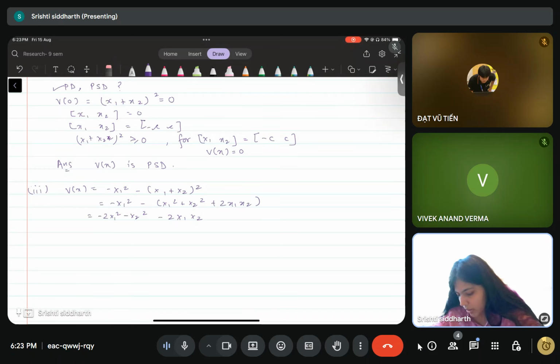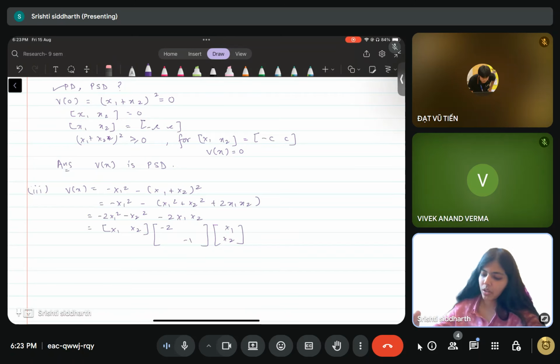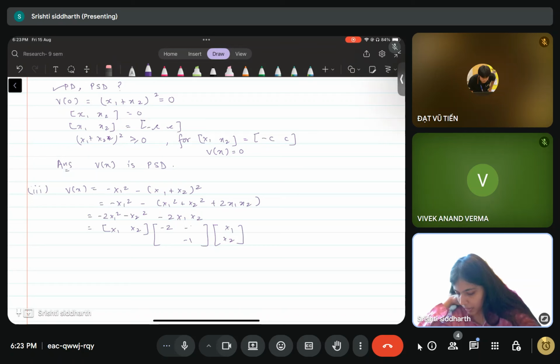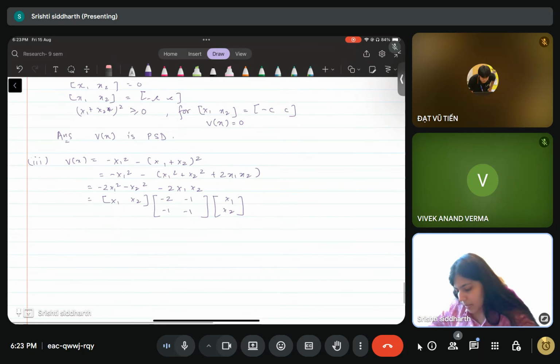Okay, so we could write this in terms of a matrix. So x1, x2, and it's minus 2 and minus 1 just by inspection, and this would be minus 1 and minus 1. So this is the matrix P corresponding to this function V(x).